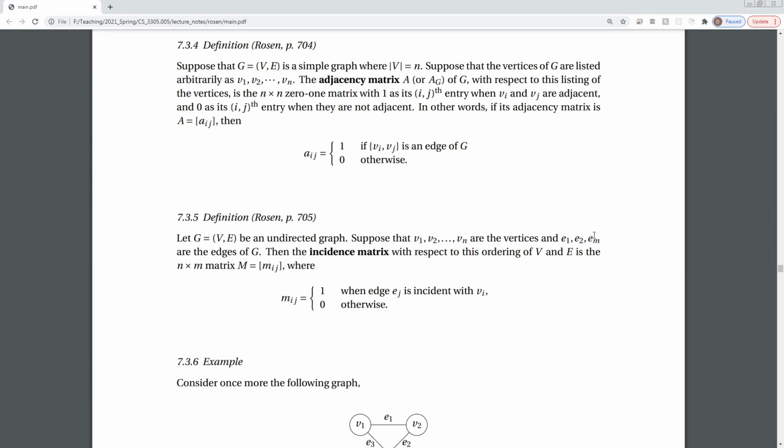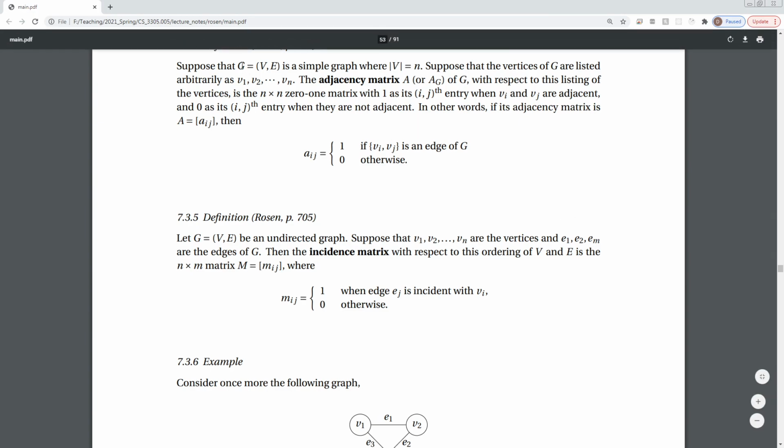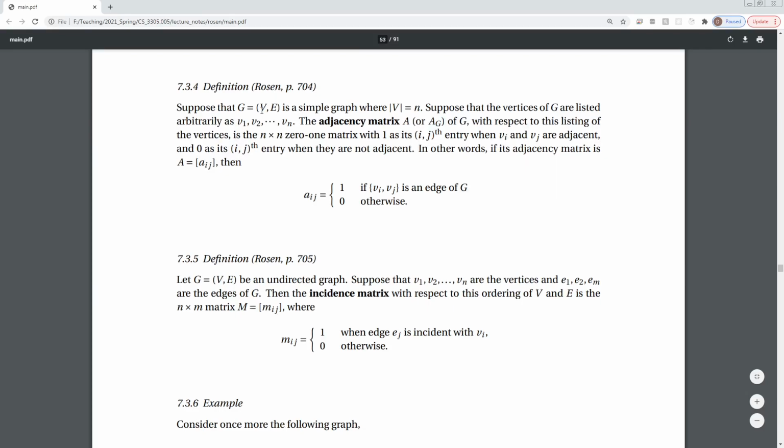So next definition. Suppose that we have some graph, which again is a pair of vertices and edges, and it's simple such that the number of vertices is equal to n. Then suppose that the vertices in our graph are listed arbitrarily, in some arbitrary order.